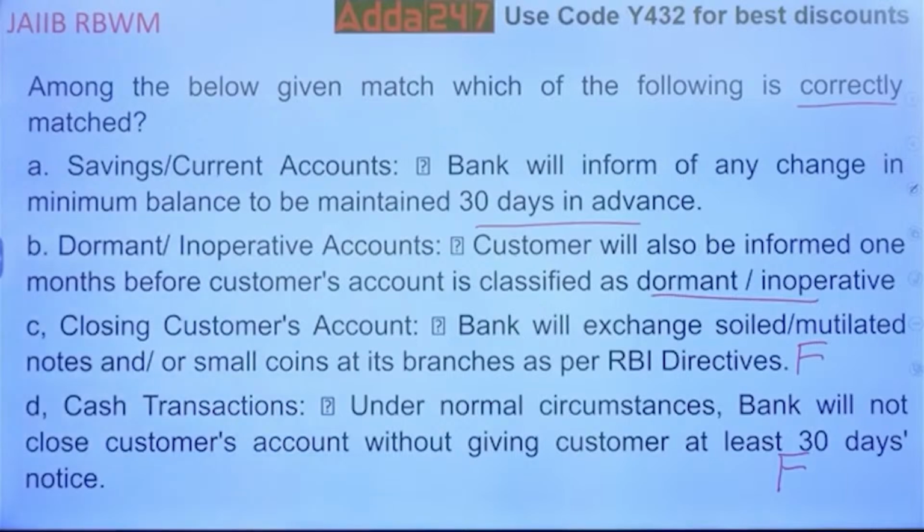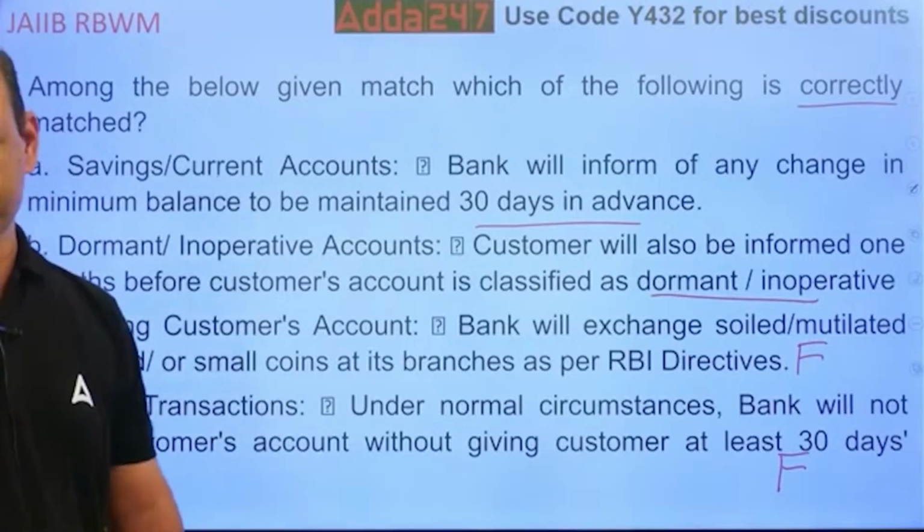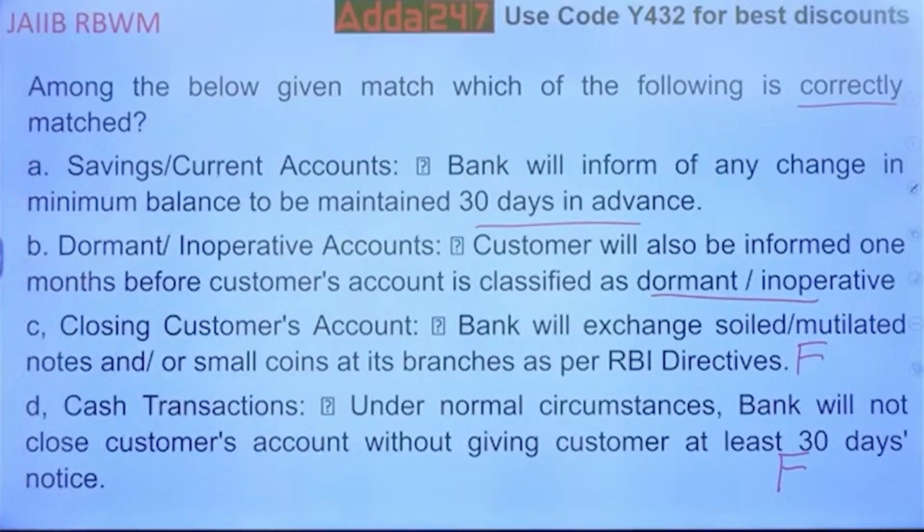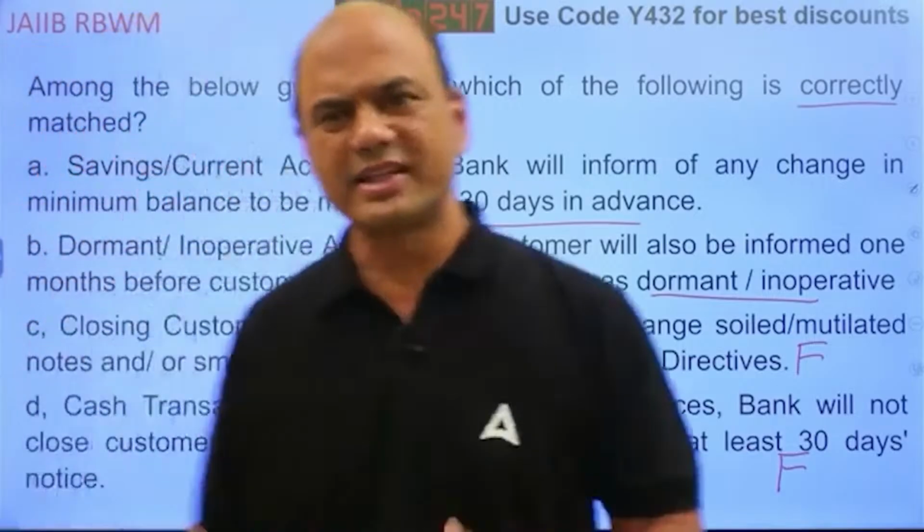Okay, I'll give you the answer. The answer is 30 days, A1. The answer is A. Now about the dormant accounts. See, the answer is A over here.